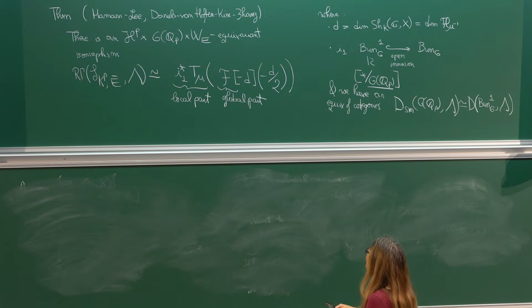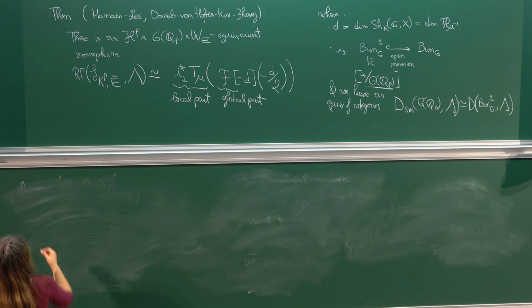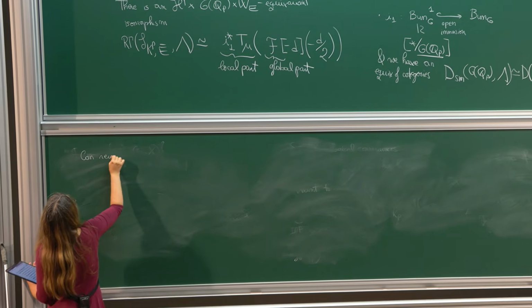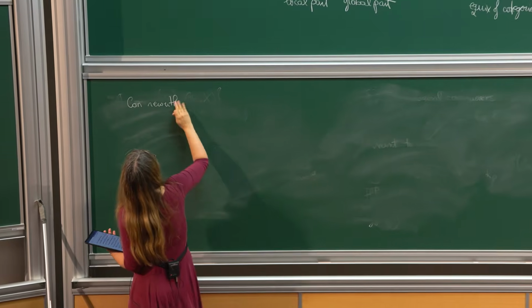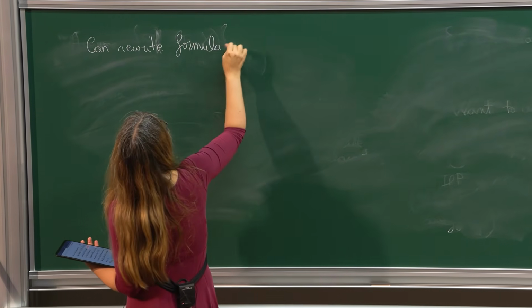But in fact, one can even rewrite this formula using the spectral action of Fargues and Scholze. So that's the other thing, is that we can rewrite the formula using the spectral action.